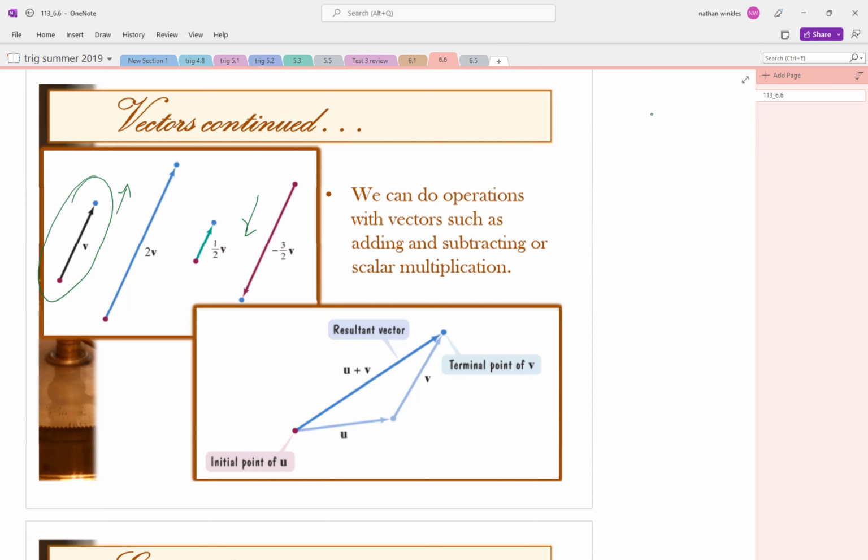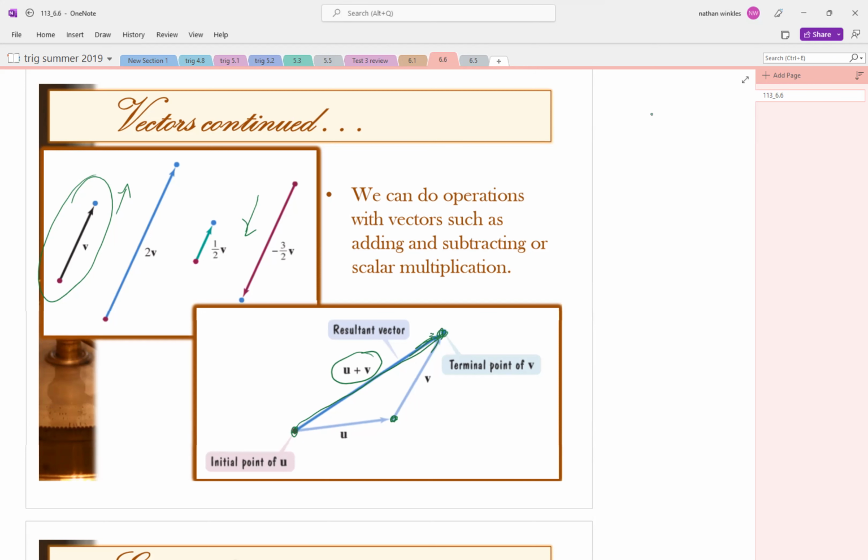Sometimes we might have different points. In this case, we have an initial point for U, an initial point for V, and a terminal point for V. We can create a triangle that creates this new vector, U plus V, which is literally all the components of U added to all the identical components of V. This gives us a whole different resultant.